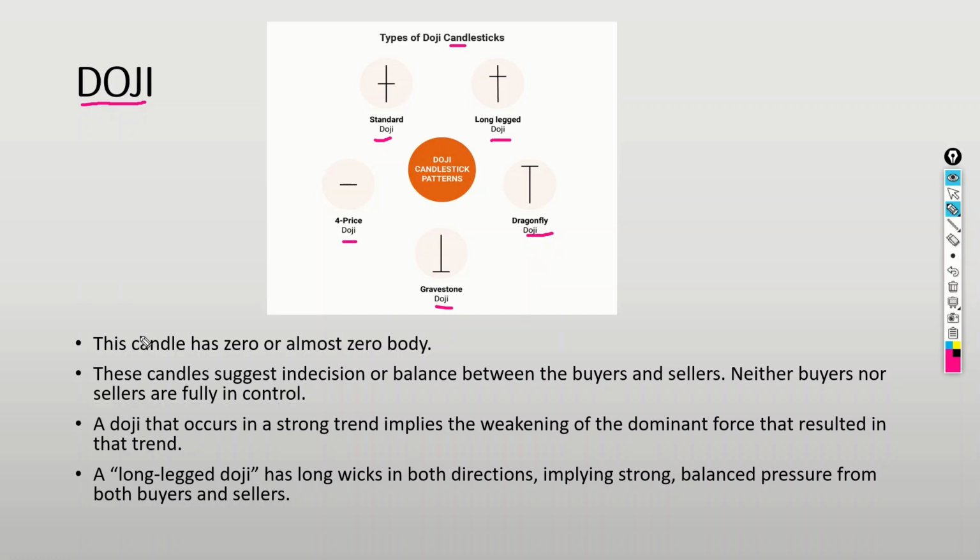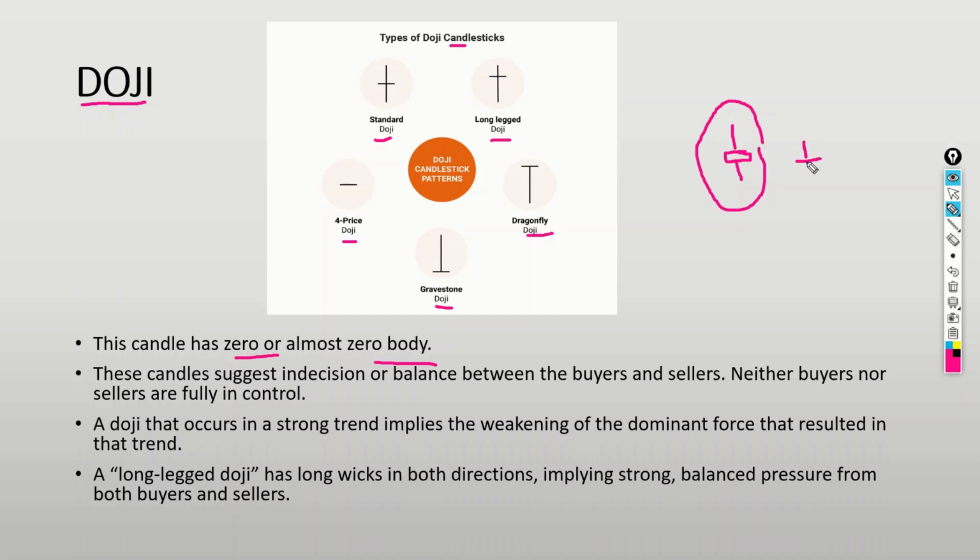Okay. So a doji is a candle that has zero or almost a zero body. For example, if a candle has a very small body, then it has wicks for the upper and lower shadow. That one becomes a doji. So we said it has almost zero body or it has a small body.